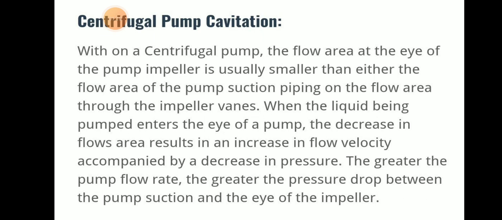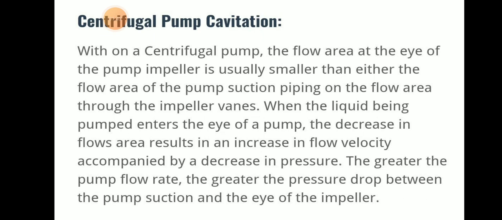Here, discussing centrifugal pump cavitation, some basics about the structural differences: due to the structure, the flow area at the eye of the pump impeller is very small compared to the flow area of the pump suction piping and the flow area through the impeller vanes.